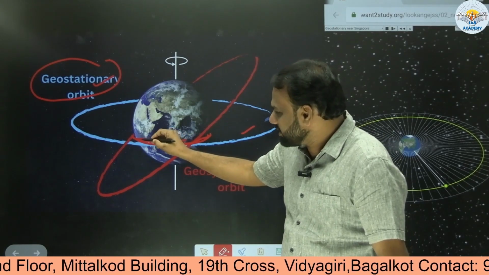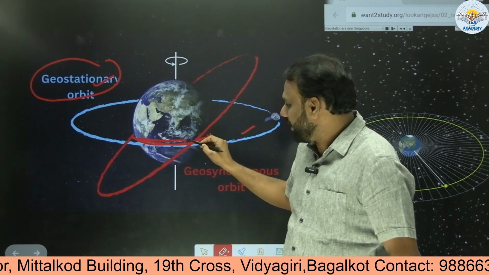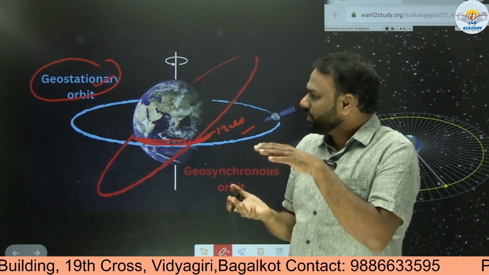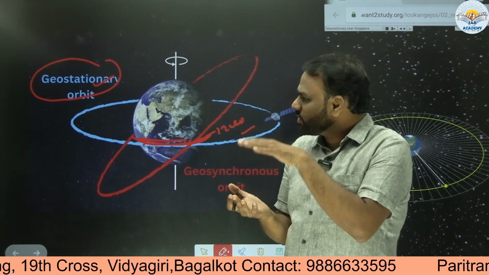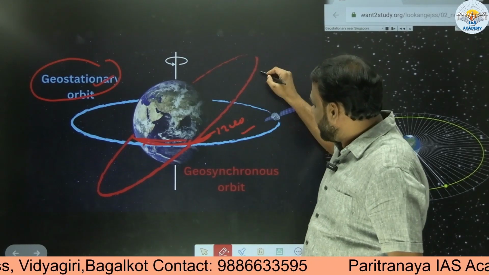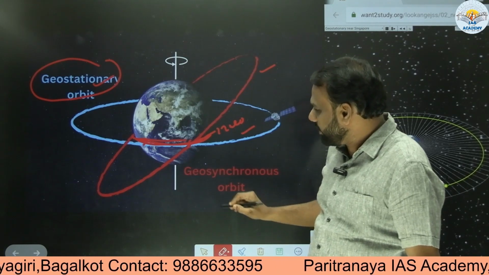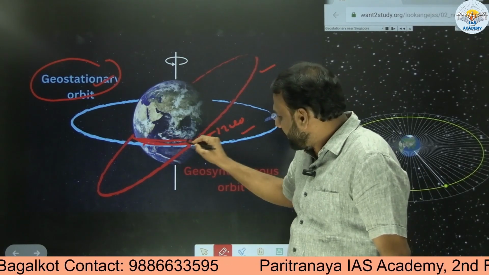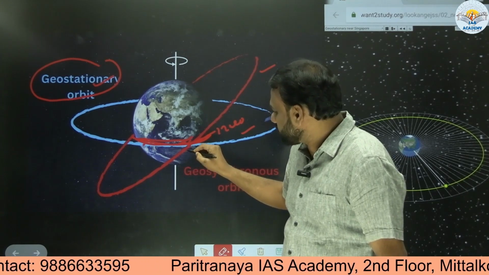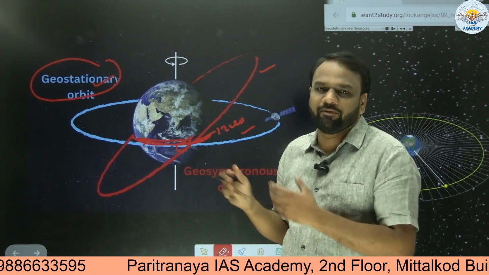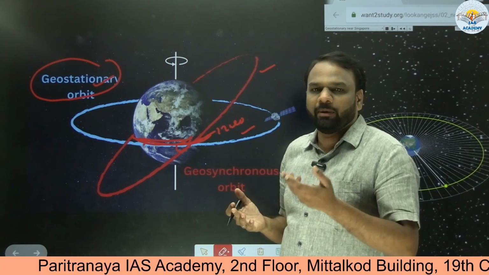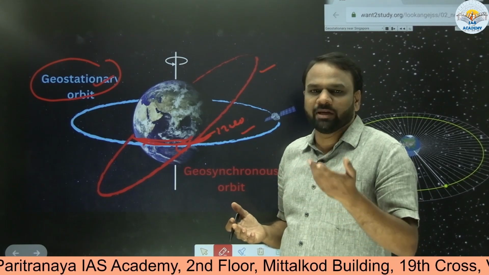If you look at this line and this line, the angle made is 0. So the angle made by the geostationary orbit with the equator is 0. Whereas here I have taken a geosynchronous orbit. If you look at our equator and this geosynchronous orbit, there is some angle between them, so it is not 0. It may be 1 degree, 2 degrees, 3 degrees, 6 degrees, it may vary.